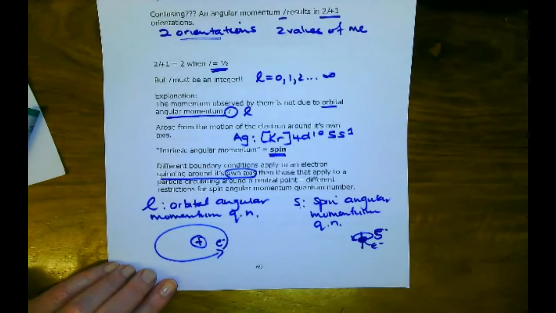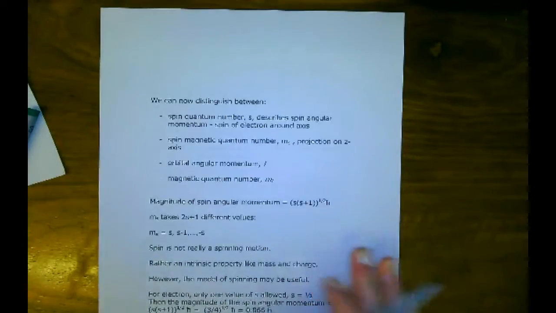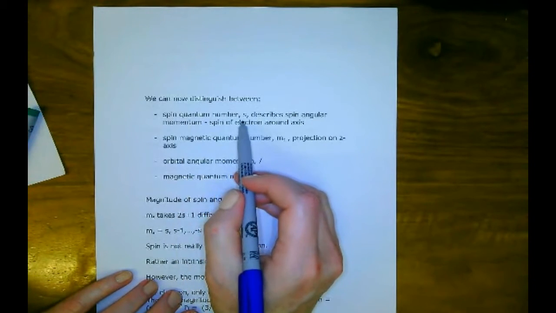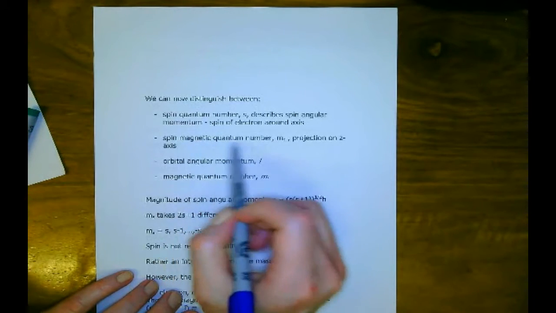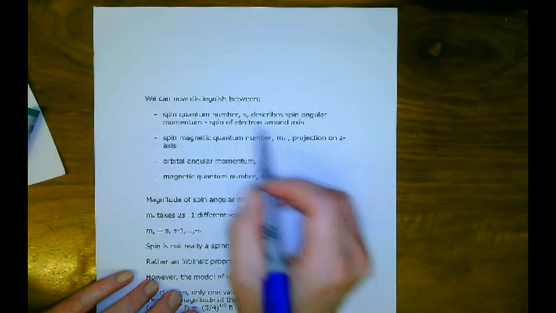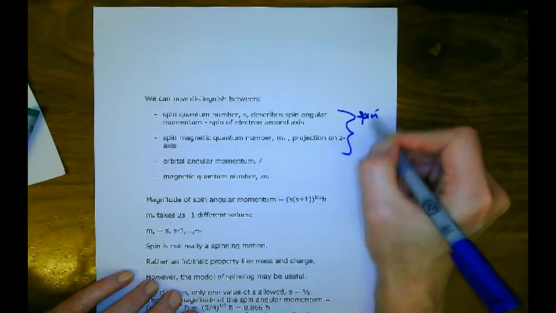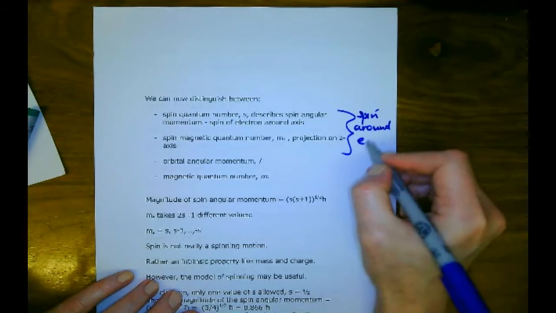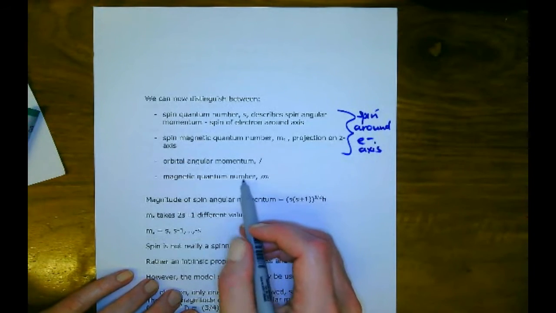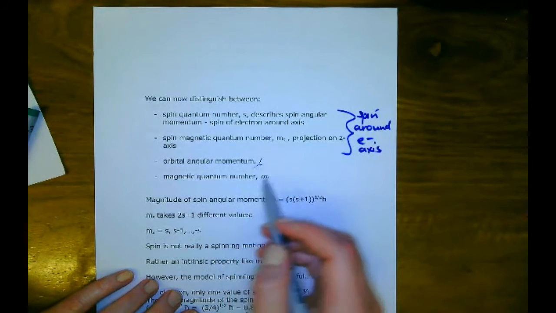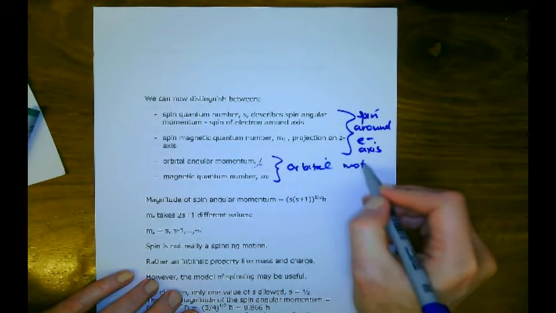And for each of these, we have a different quantum number. So just to summarize that, we can now distinguish between the spin quantum number S and the corresponding spin magnetic quantum number ms, which is the projection of S on the z-axis. So these refer to spin around the electron axis. Then we have the orbital angular momentum quantum number L and the magnetic quantum number ml. These refer to an orbital motion.